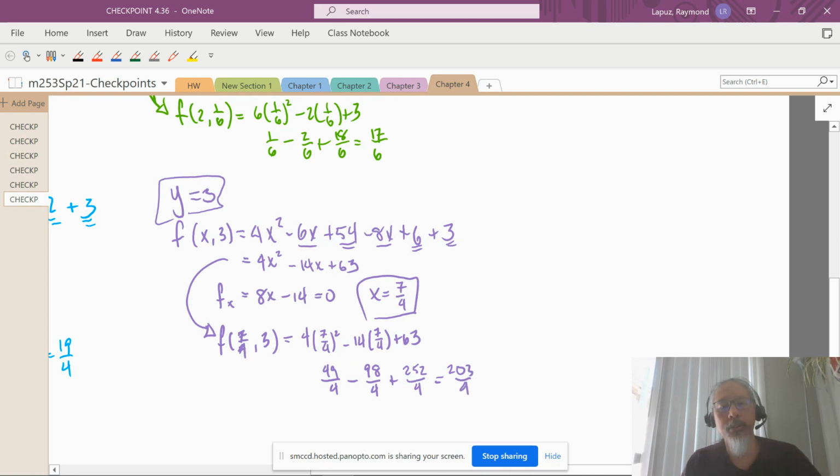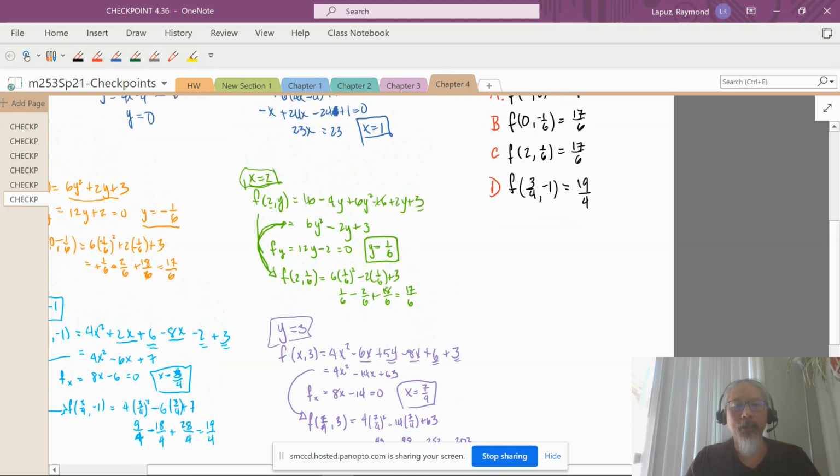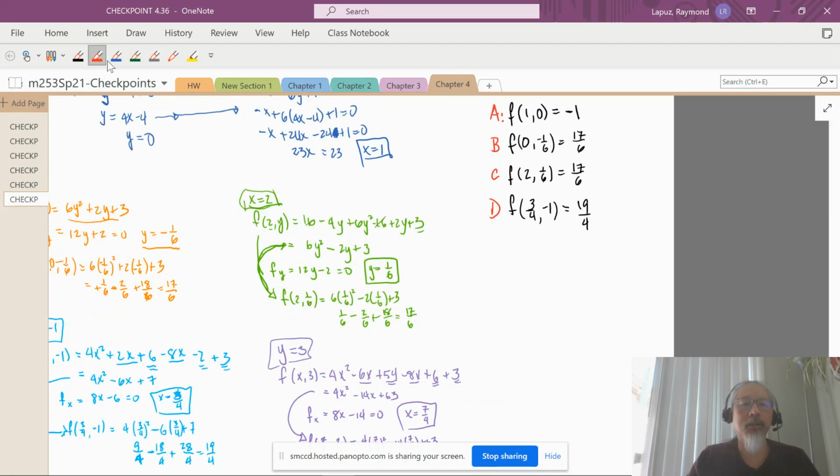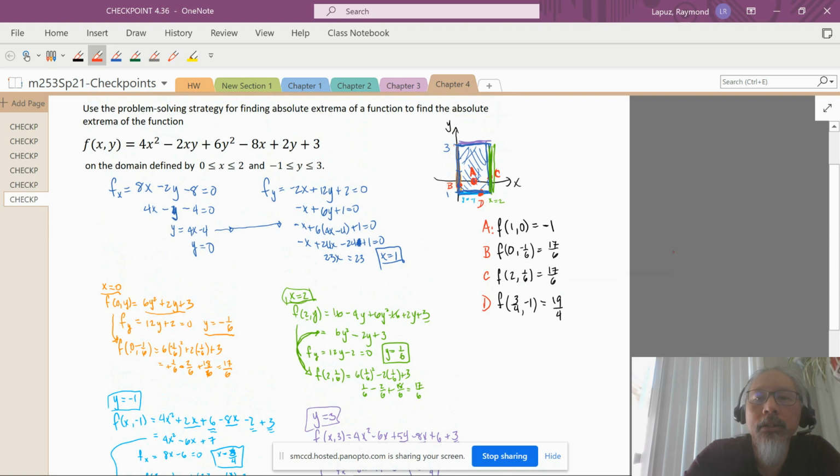This so far has been the largest value. Let's see if it'll stay that way. First, let's put this in our graph. From a big picture point of view, 7/4, comma 3, that's close to 2.